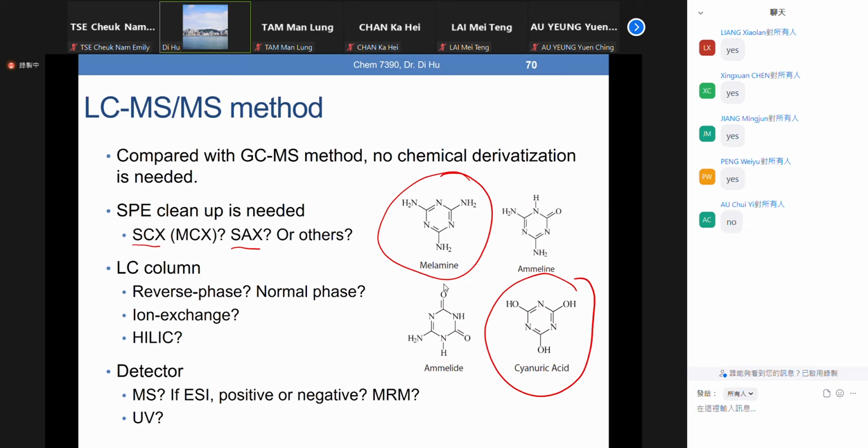Strong cation exchanger, so C means strong cation. We actually already mentioned that in the melamine section. And SAX is strong anion exchanger. So that means they can retain cations or retain anions. So A is strong cation exchanger, B is strong anion exchanger.